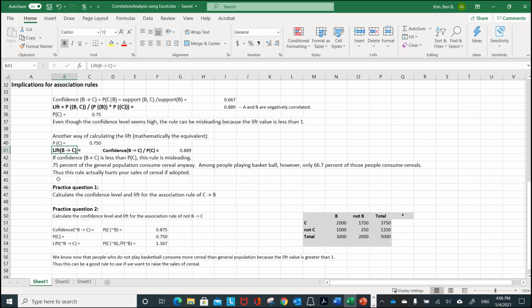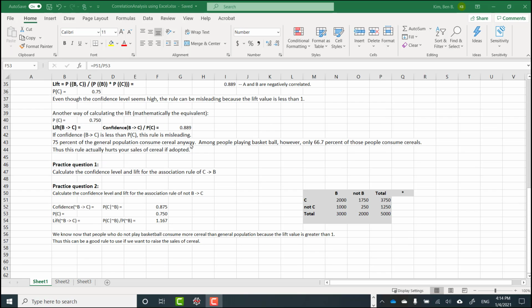So this rule actually hurts your sales of cereals if adopted. So this is why we calculate lift when you do association analysis. So when you have hundreds of rules, this can be extremely painful. Okay. Well, that's why we need a computer system.